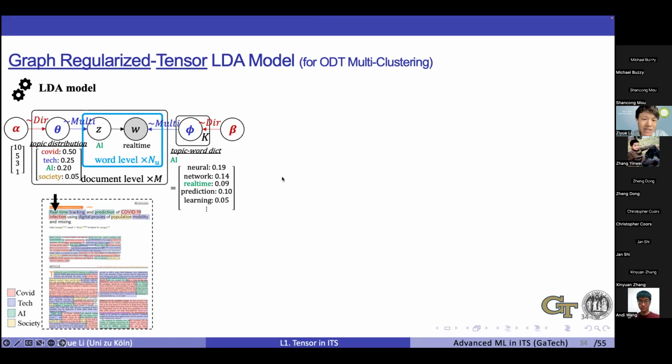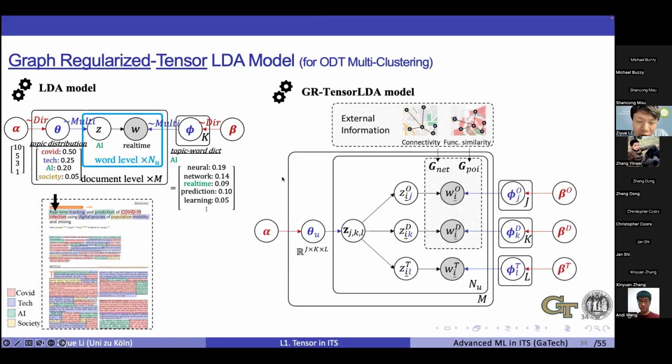The big part for our Tensor LDA model is that we extend it into 3 dimensions for ODT separately, with each dimension having topics J, K, L. So how can we understand this? For example, our topic distribution theta for the Tensor LDA model is now a tensor with dimension J times K times L.